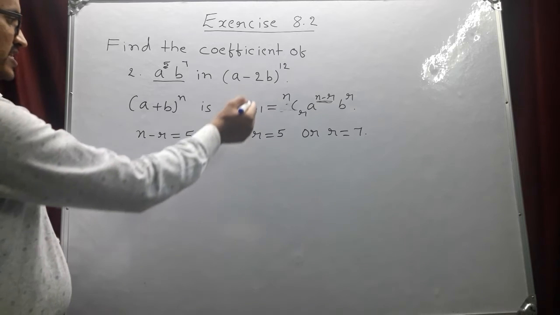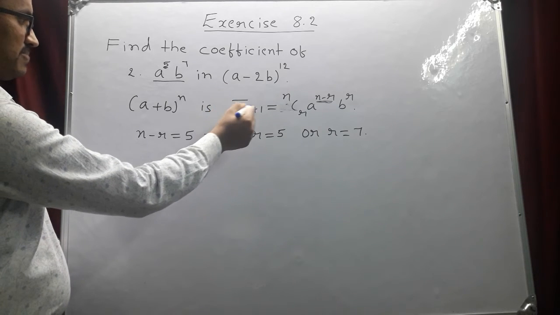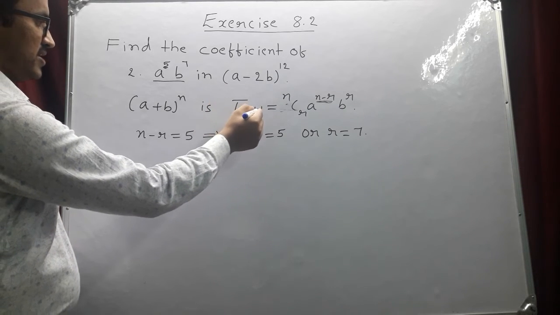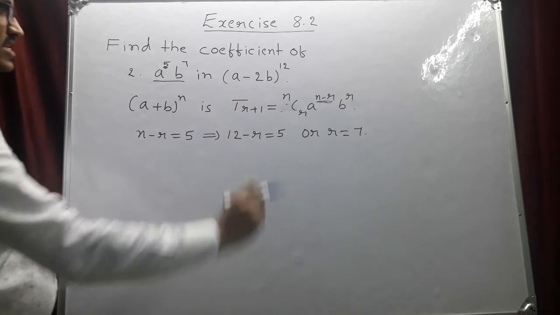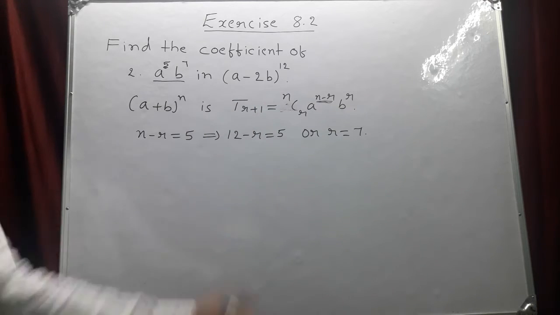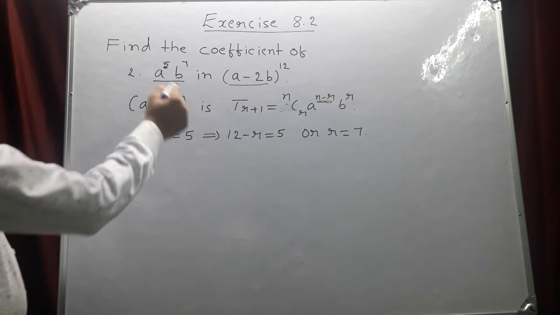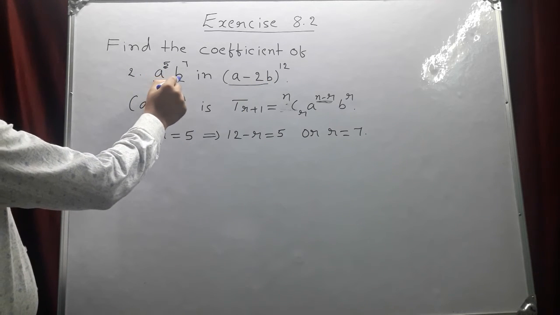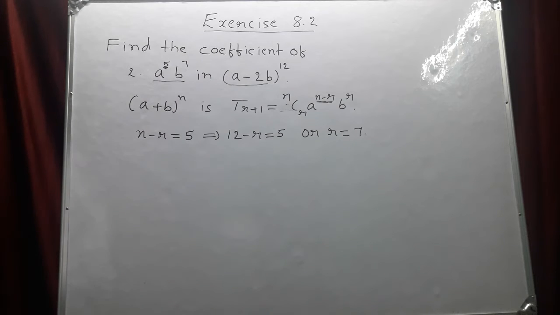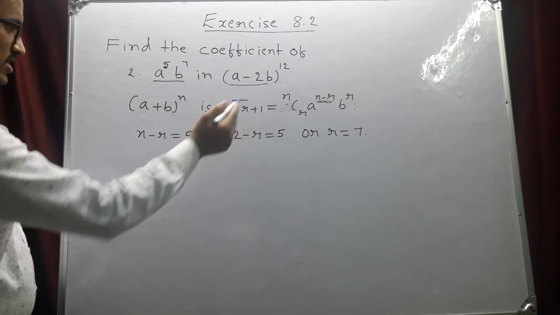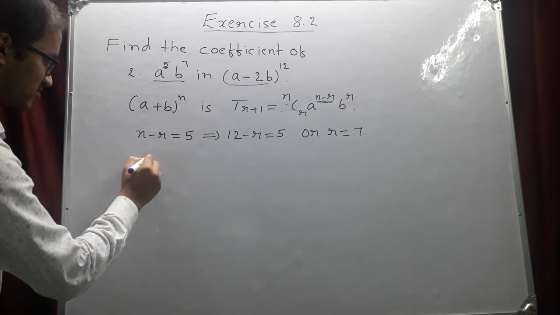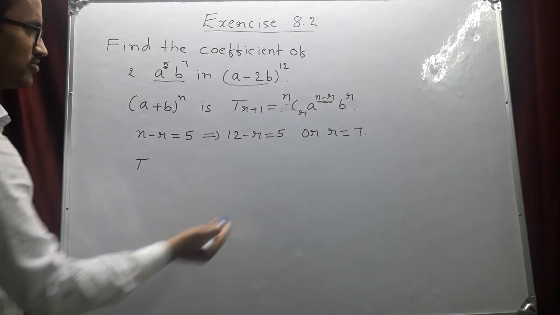So if you consider the term t of r plus 1, that is t of 7 plus 1, that is the 8th term. If you consider the 8th term in this expansion, the power of a is 5 and the power of b is 7. So r value is 7.